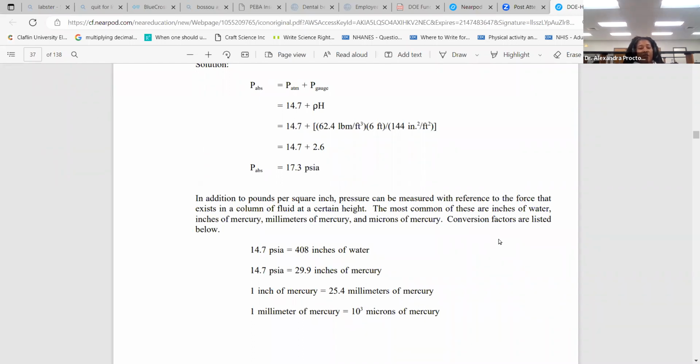They list the conversion factors below, so you need to know them. 14.7 psi is 408 inches of water. 14.7 psi is 29.9 inches of mercury. 1 inch of mercury is 25.4 millimeters of mercury. And a millimeter of mercury is 10 to the third microns of mercury.